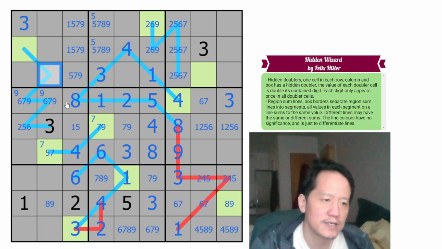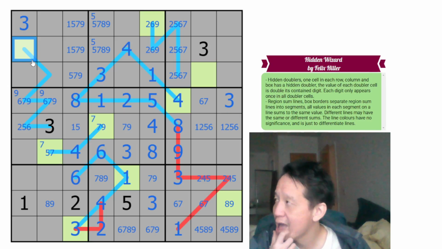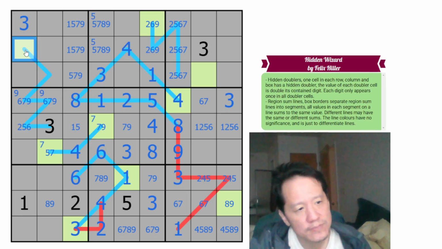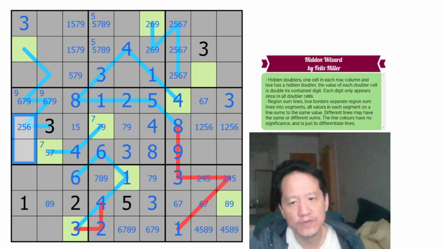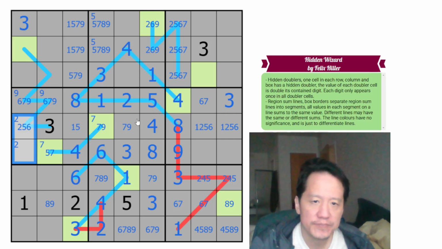If you subtract 9 from that, you would get 8 doubled, which is a possibility. So this could be 6. We know one of these is a 2. Okay. Well, there you go.